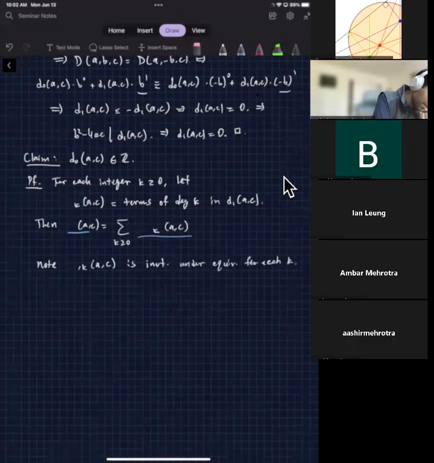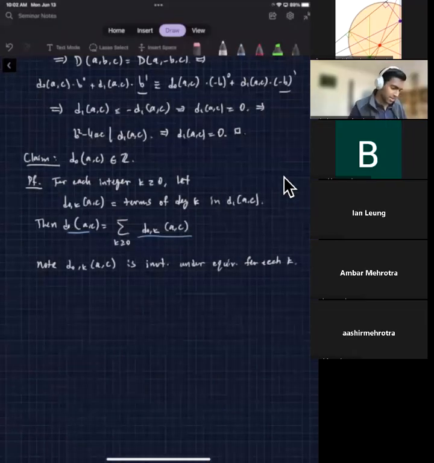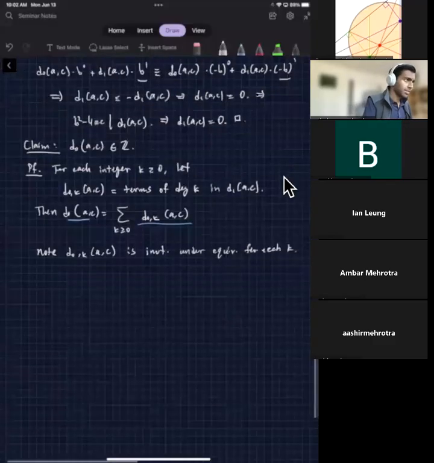I mean d naught. d naught k, sorry, d naught here. Thank you for finding these corrections. So the thing to note is that d naught k(a,c) is invariant under equivalence for each k. The reason is that equivalence is a linear transformation and it's not going to change degrees. So d naught k is invariant.